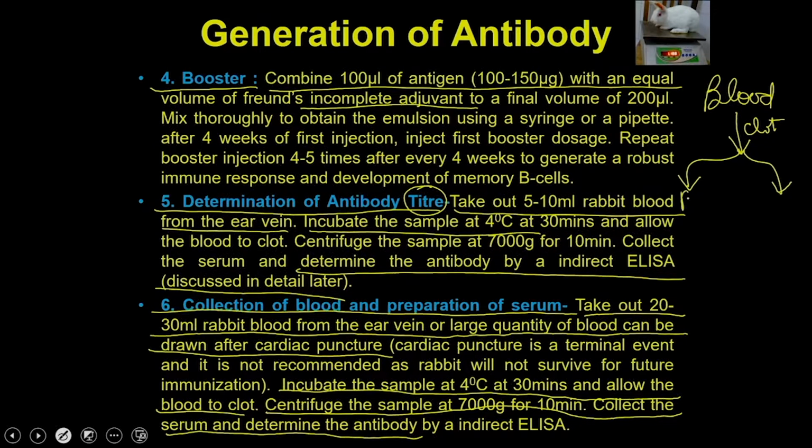One fraction contains the blood cells, which form the clot, and the second is the liquid part, which is the serum. That is the yellow colored serum you get after the clotting reaction.